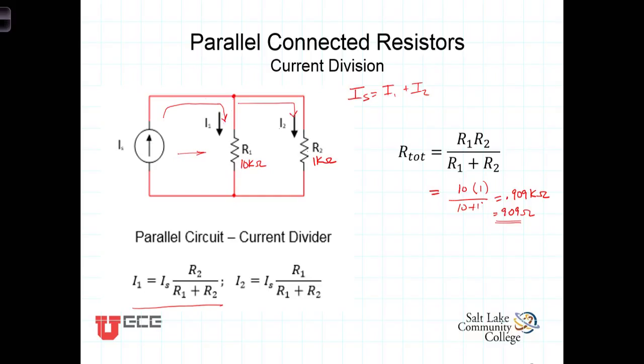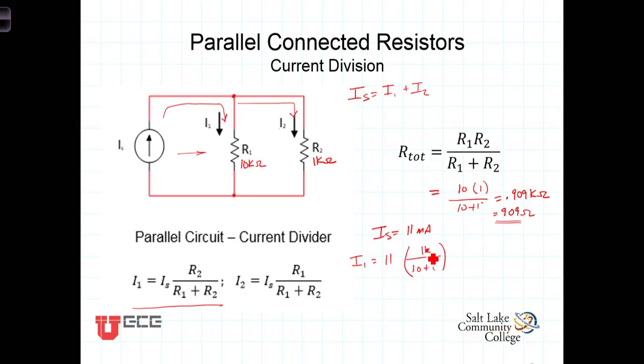Now let's go ahead and show how these current divider formulas can be used to determine the currents I1 and I2. Let's let I sub s equal 11 milliamps, and we'll use these two resistances here. Thus, using current division, we can say then that I1, the current through R1, will equal I sub s, which is 11 milliamps, times R2, which is 1 kiloohm, divided by 10 plus 1.